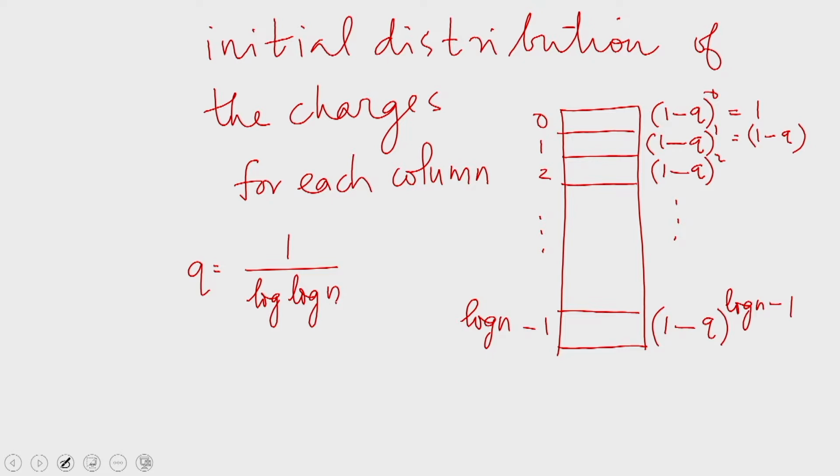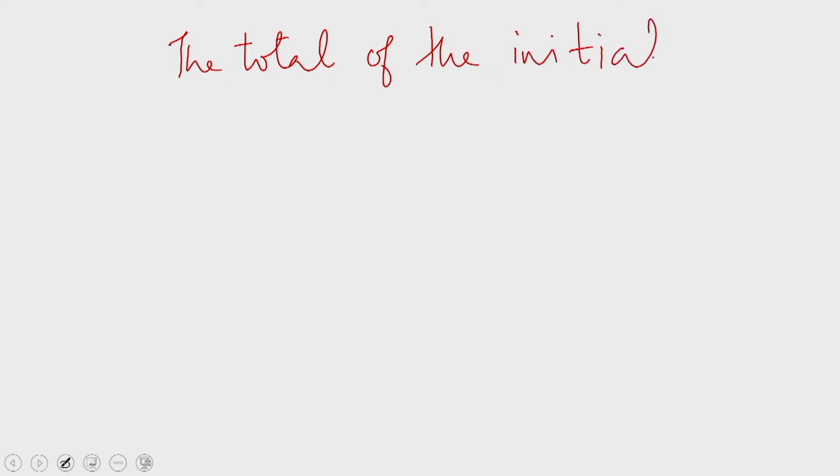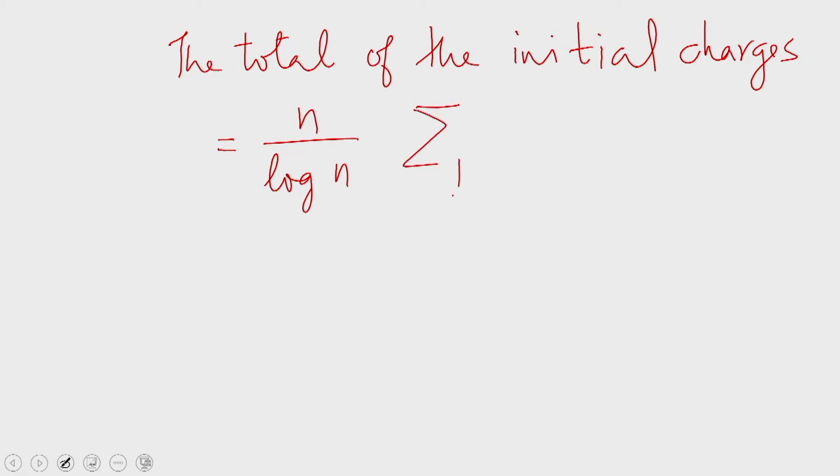Now, we can estimate the total amount of charges that we place in the system. The total of the initial charges is the number of columns multiplied by the sum of the charges in each column.